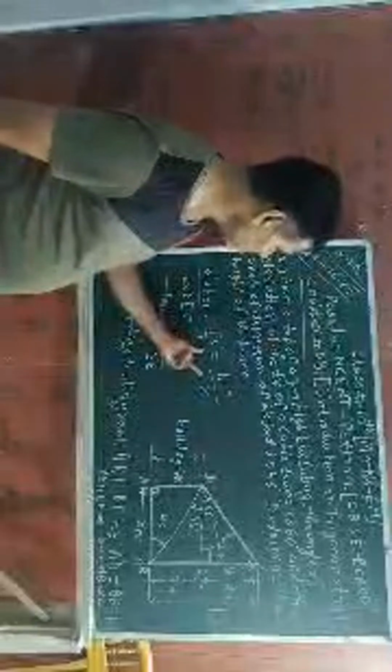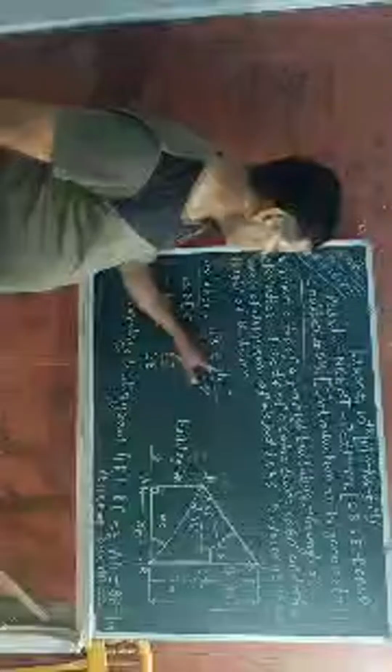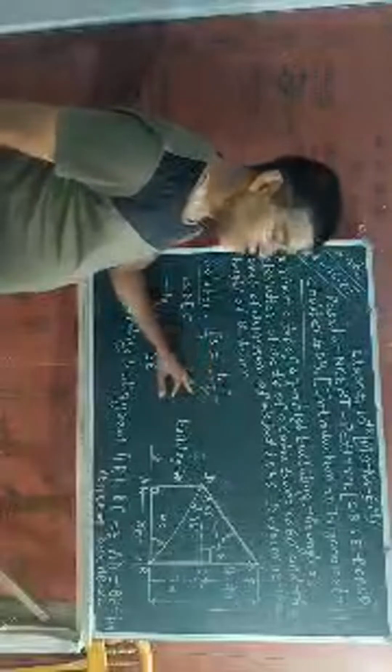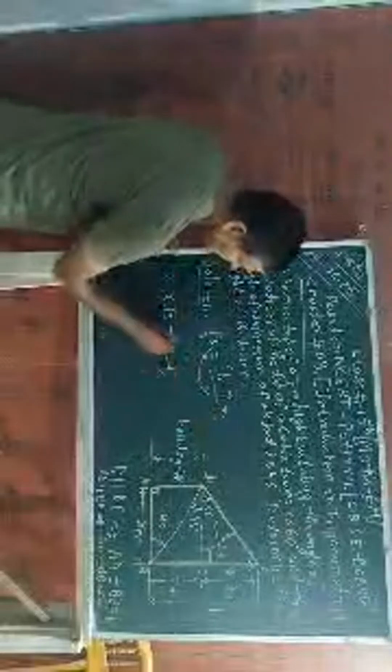So I have got an expression, and that expression is available in two variables. I will do cross multiplication, and after simplifying, this implies x into root 3, which is equal to h minus 7.